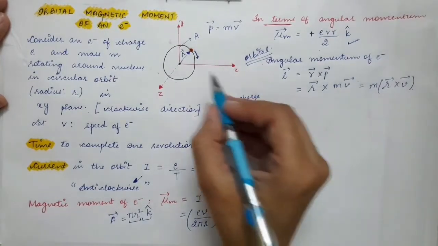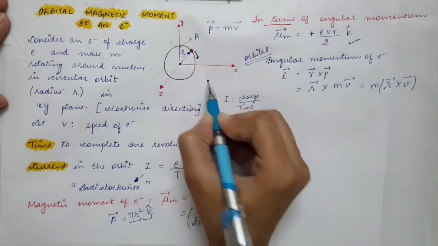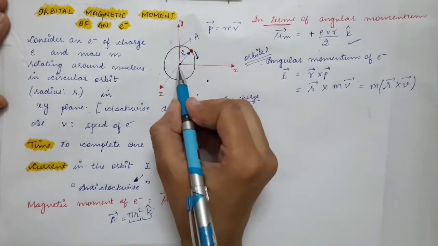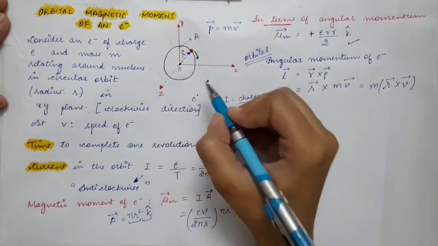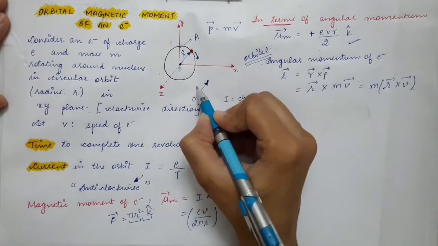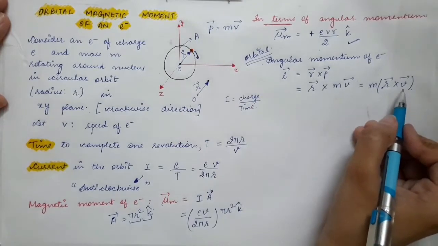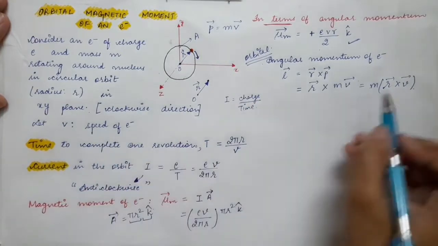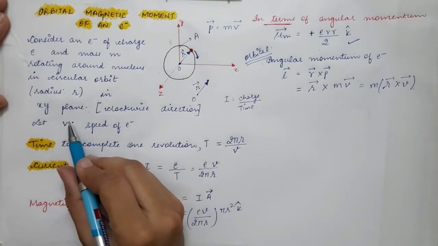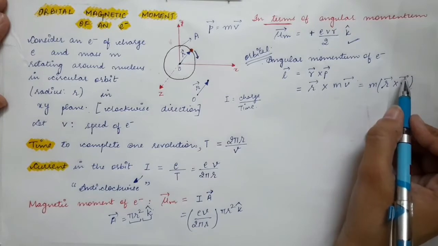Now over here, let's consider this is the electron and this is the origin. This vector is the position vector of the electron and it is represented by curly r vector. And what is this v vector? This is the speed, or you can say the velocity. Speed is represented by just v, and v vector will be the velocity of the electron.